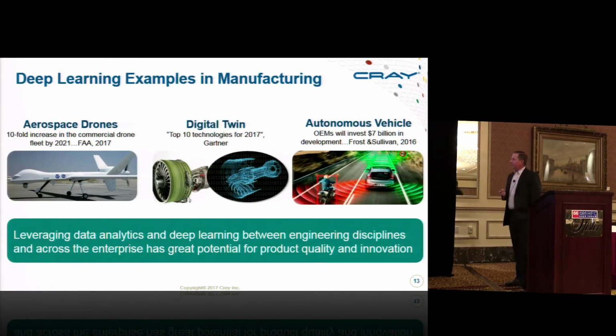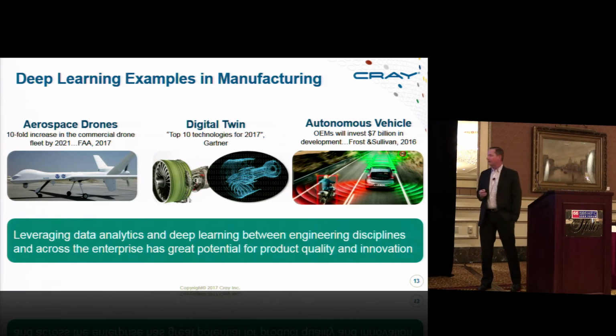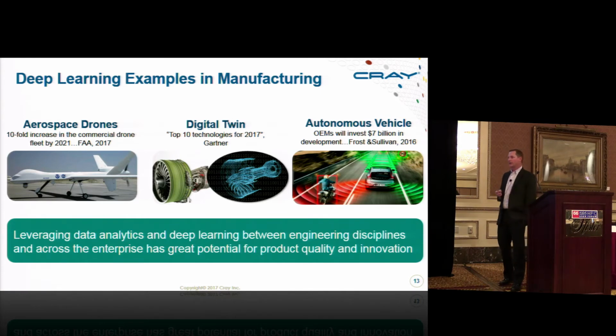So here's a couple of examples in manufacturing. I'm going to skip over autonomous vehicles. We had a wonderful presentation from the folks at Nissan yesterday that really highlights what's going on there. Aerospace drones. We routinely have a lot of discussions with organizations that want to process data from drones, both in an aerospace, defense construct, as well as conversations with airlines.